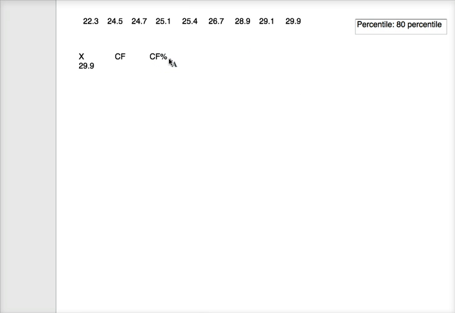Okay, so the first thing that we're going to do is to put our sample numbers into a frequency table and calculate the cumulative frequency percentage. So I've started the table here, and we're going to put the first set of numbers in. What you want to do with this is make sure that the highest numbers in your data set appear first.